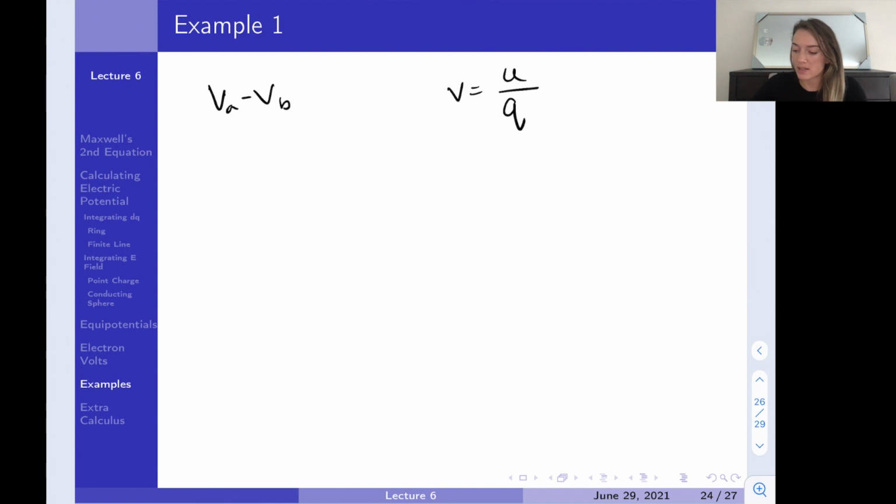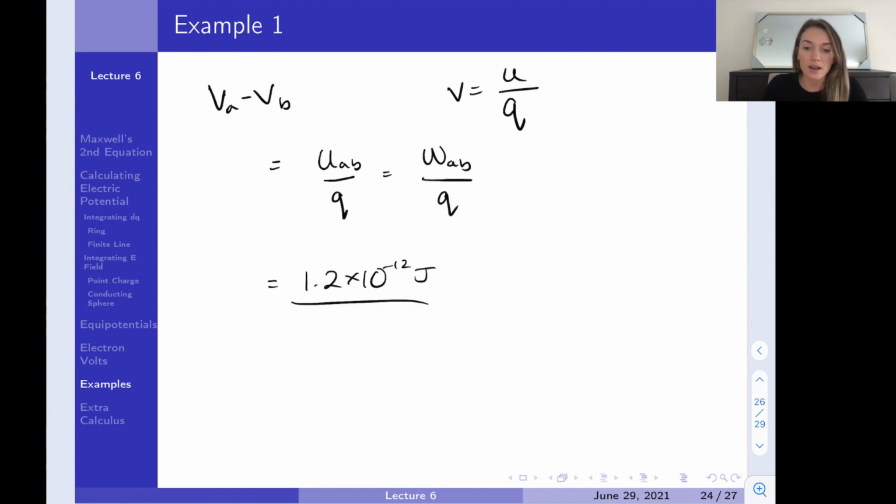So we can think of this difference here as the difference in potential energy between A and B divided by Q, and the difference in potential energy we can also think of as the work done between A and B divided by Q. So we have the work that was done, so we can just plug that in. The work done was 1.2 times 10 to the negative 12 joules, and then we divide by 1.6 times 10 to the negative 19 coulombs. This number comes out to 7.5 times 10 to the 6 volts.